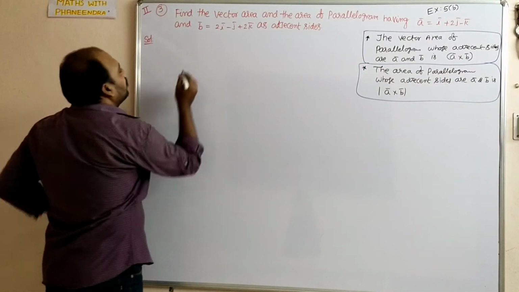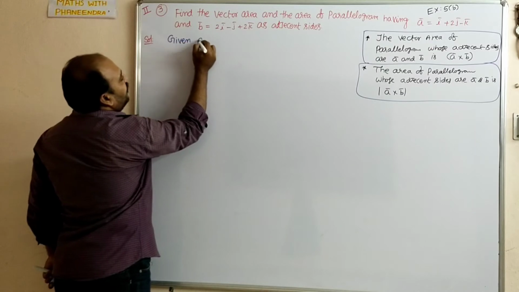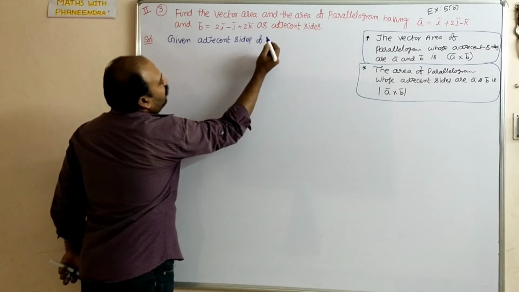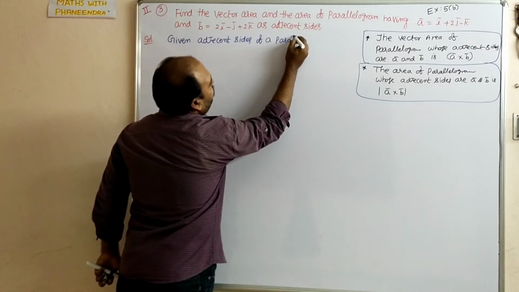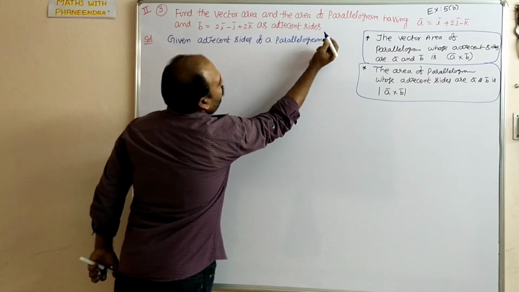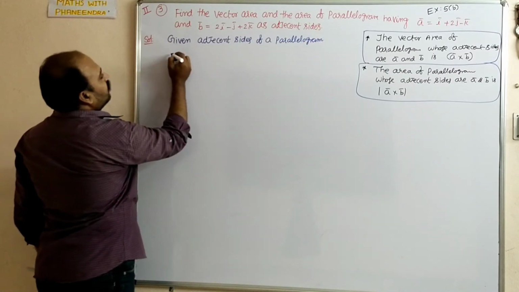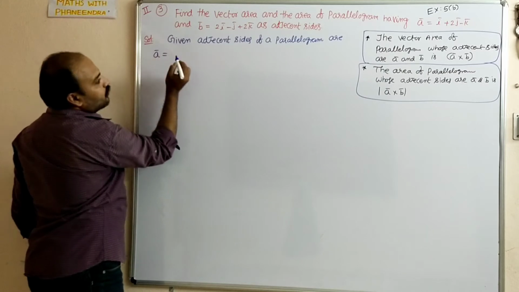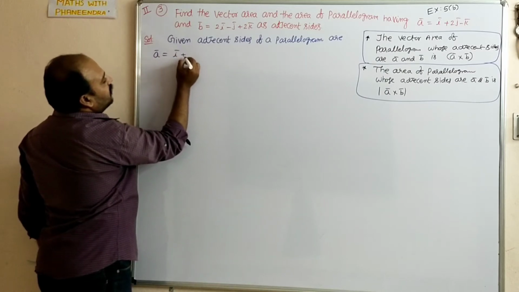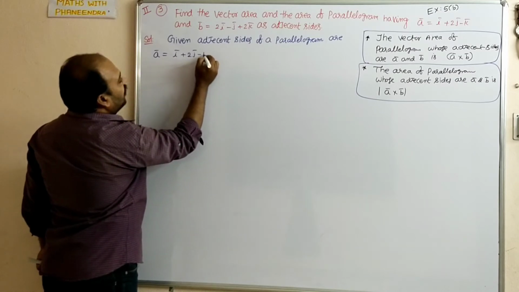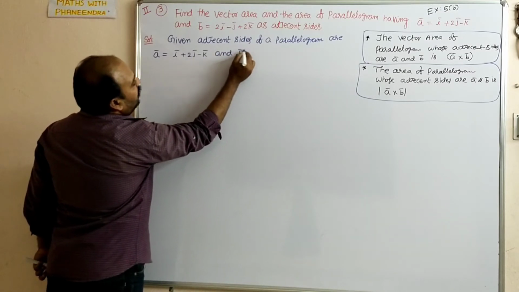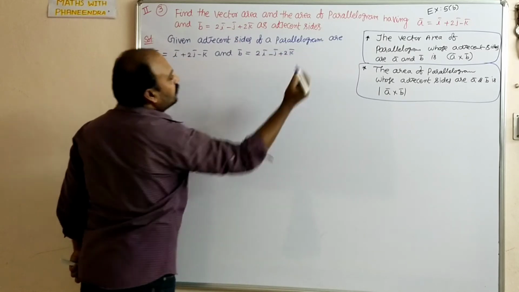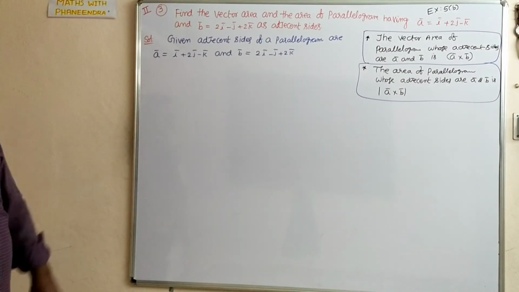So first, given adjacent sides of a parallelogram, a bar equal to i plus 2j minus k and b bar equal to 2i minus j plus 2k. This is about adjacent sides.